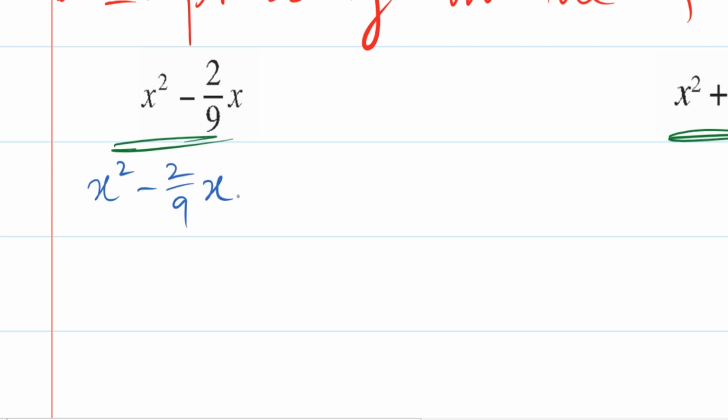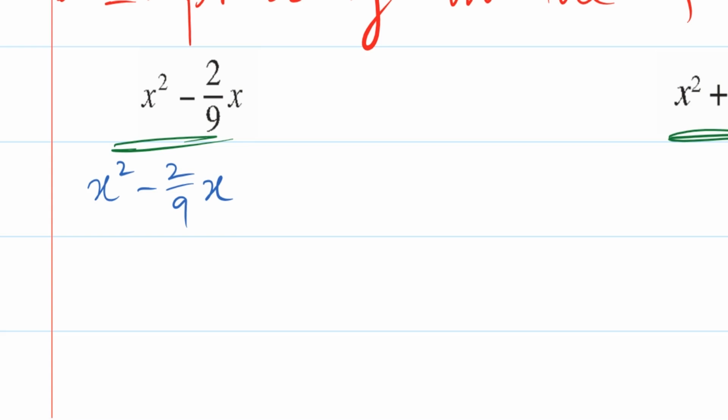Now we will take half of the coefficient of x. Here in this case the coefficient of x is 2 over 9, it is basically minus 2 over 9. If you ignore the negative sign in this case only, this will make no difference.